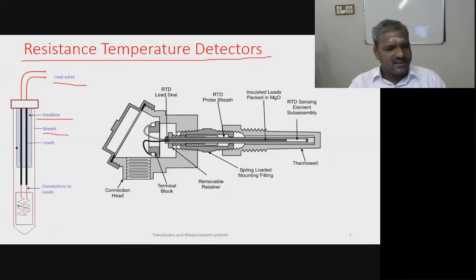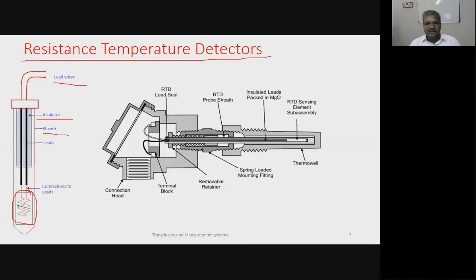These two are leads to connect the connections. This is the sensing portion. The sensing portion is always at the bottom of the sheath, the thermowell type of sheath. These two are leads.